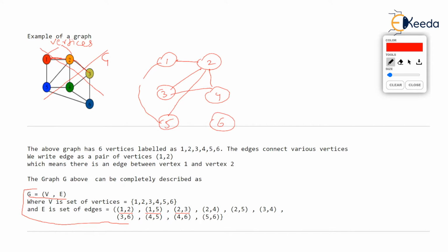We have 4 5 connected, then 4 6, and finally 5 6. Now you see the graph I have drawn here on the right hand side using the description given below is absolutely same as the graph drawn on the left hand side, but both graphs look absolutely different. So these two graphs are isomorphic.